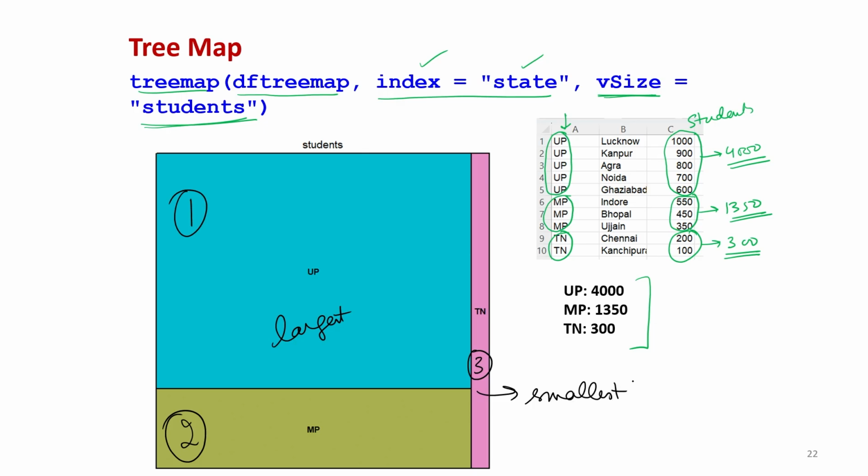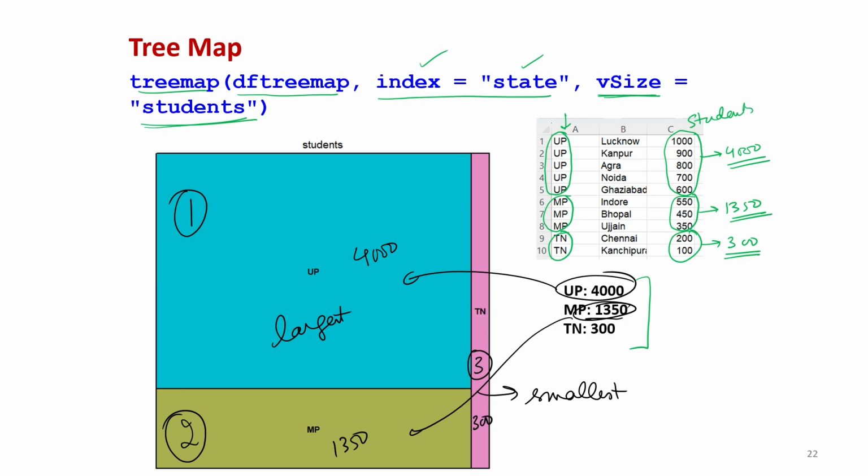They indicate that UP has the maximum frequency, 4,000 students. Similarly, in MP there are 1350 students, and in Tamil Nadu there are only 300 students.